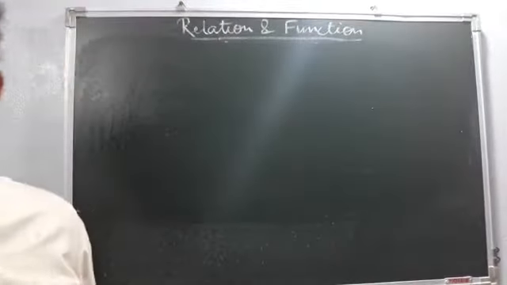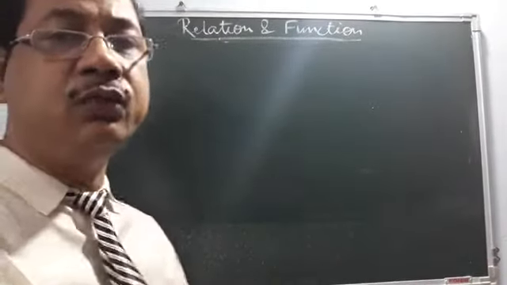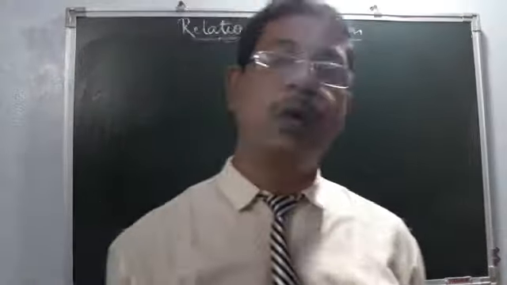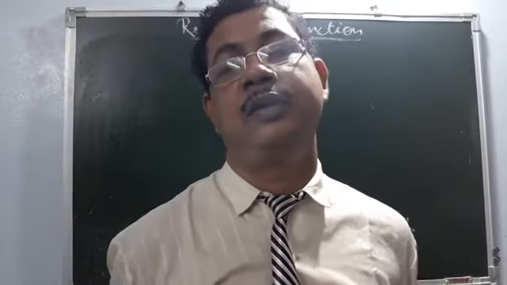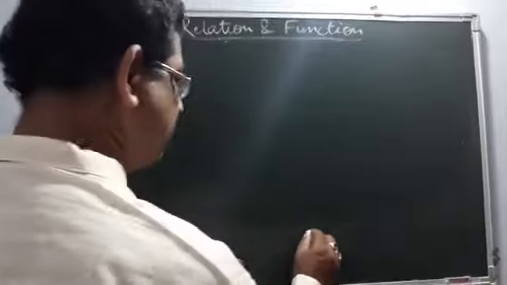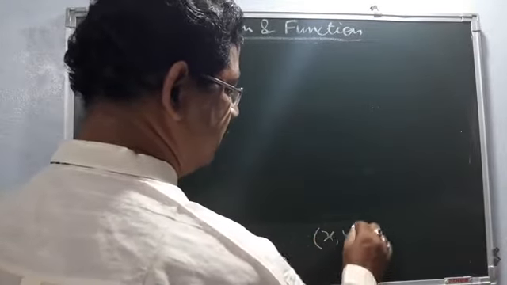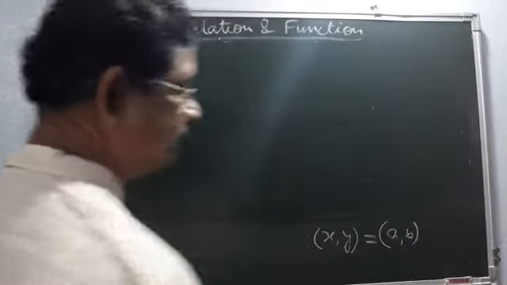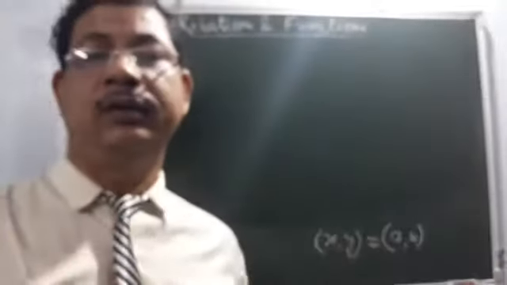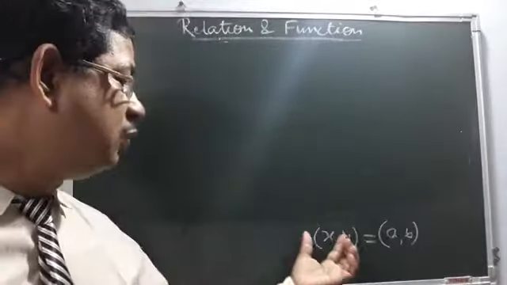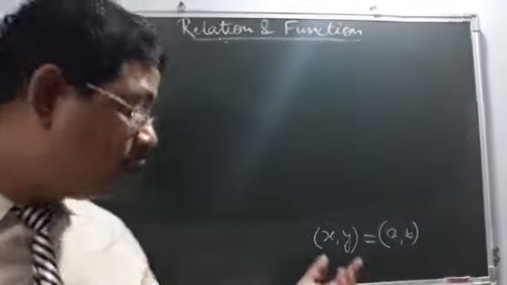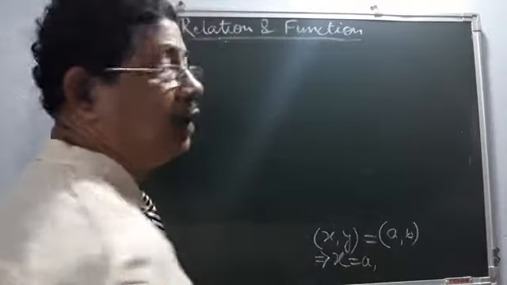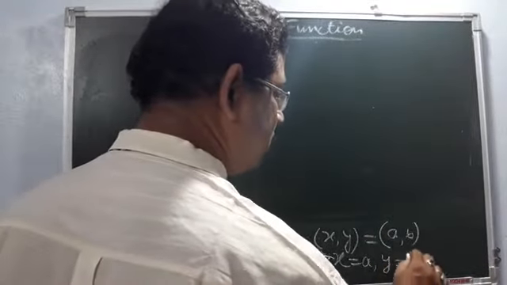Before doing these things, one thing we have to remember. Just like in two-dimensional coordinate geometry, we are getting a pair. This pair you remember, I think. Suppose (x, y) is equal to (a, b). If these two pairs are equal, think in coordinate geometry, two points being equal, then of course the condition is that x should be equal to a and y also will be equal to b.